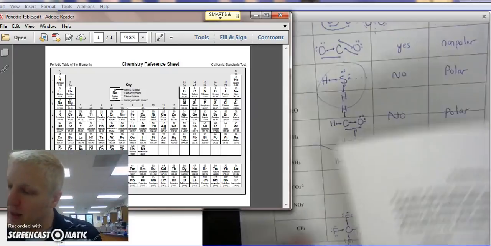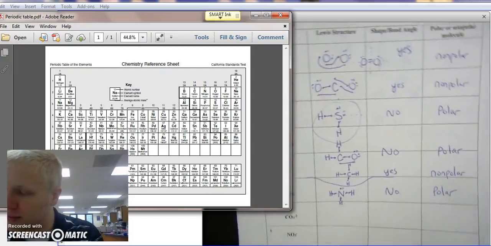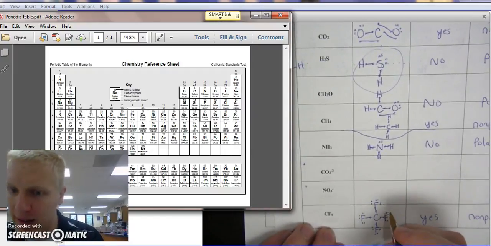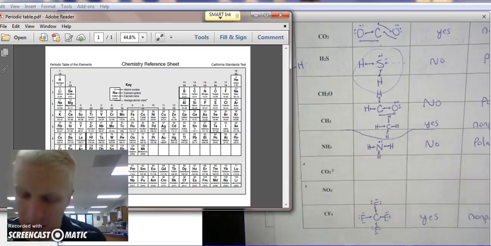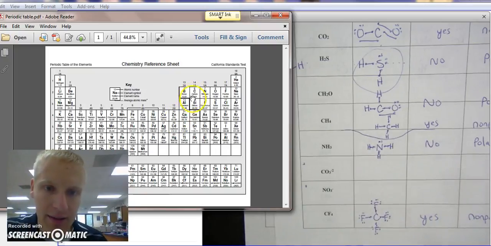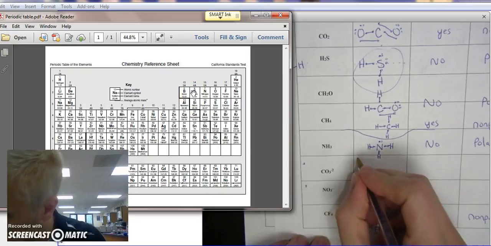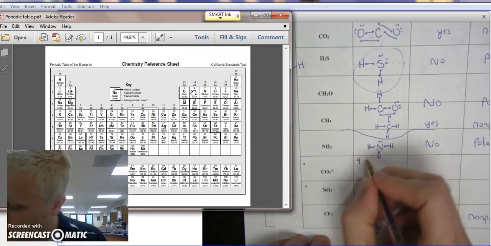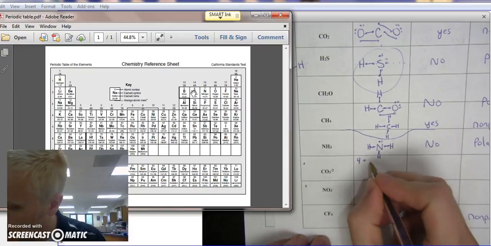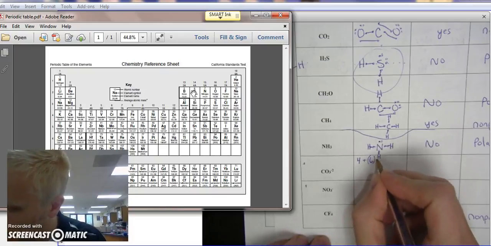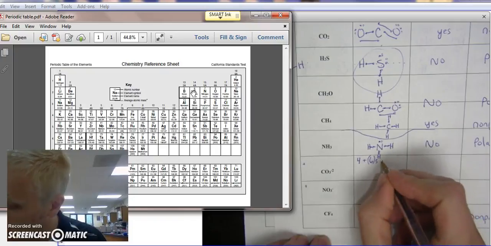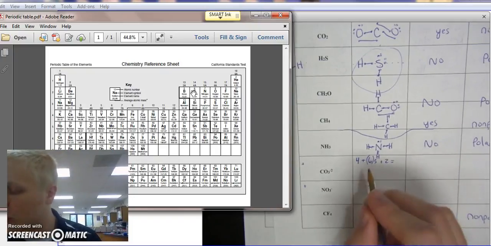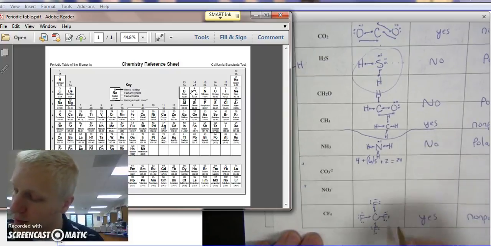Alright, doing another problem. Let's do it from this first worksheet. We have CO3 with a 2- charge, and carbon, it's 4A, has 4 outer electrons, plus oxygen is 6, and there's 3 of them, and it's a 2- charge, so we're adding 2 electrons. 6 times 3 is 18, plus 2 is 20, plus 4 is 24.